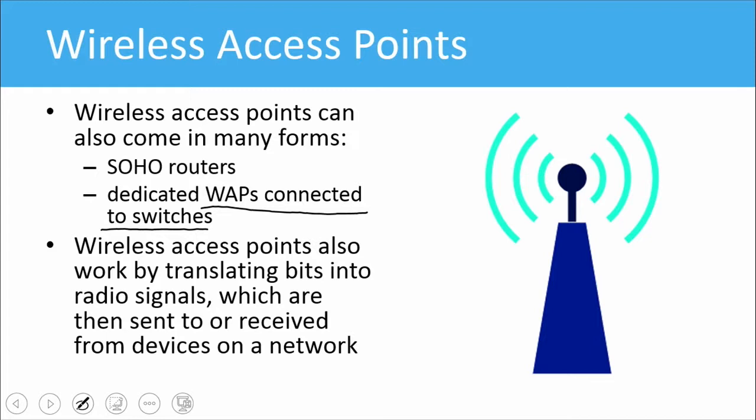They might be hiding in a ceiling somewhere above you right now, depending on where you're watching this video. But wireless access points simply do that same thing. They translate bits into radio signals, and then they send or receive them. And they do a good job of receiving them and then translating them into the electrical signals that are required to transmit data to a switch or to a router.